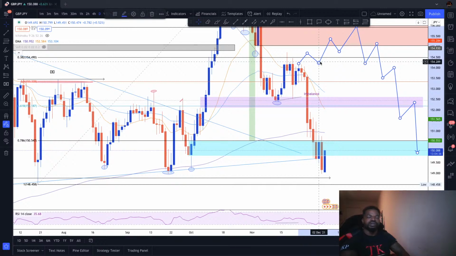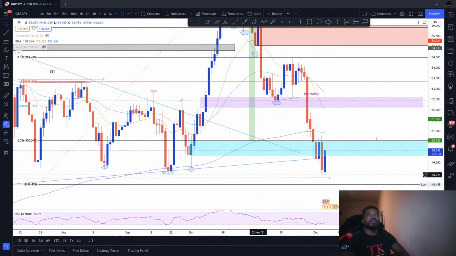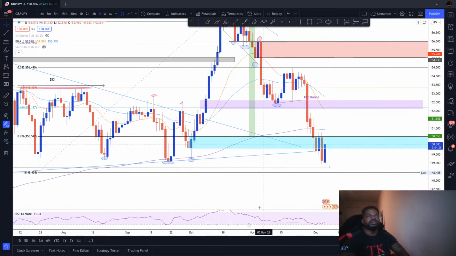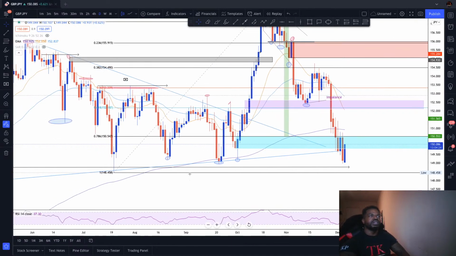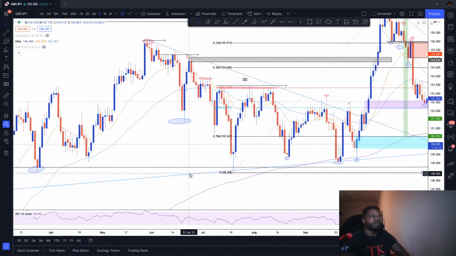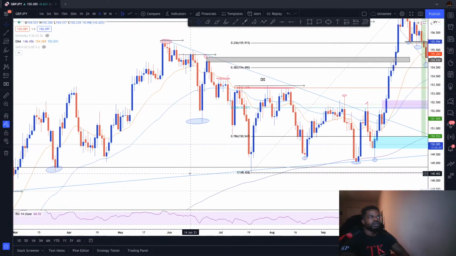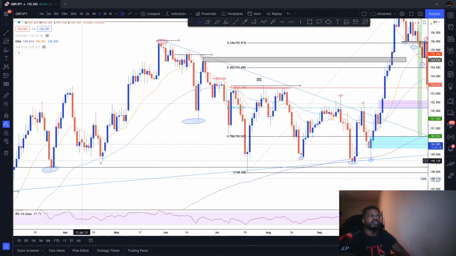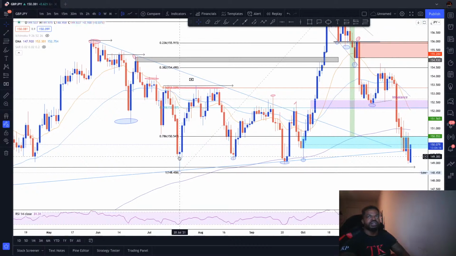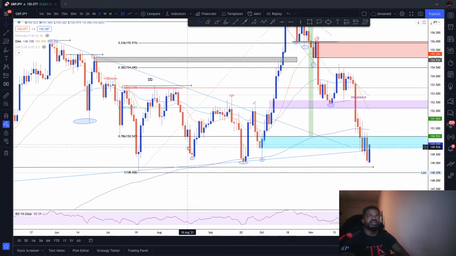Okay, so pound JPY is retesting this strong support level down here. Now, as you can see, we have multiple rejections down here in this area. So this is a strong area.